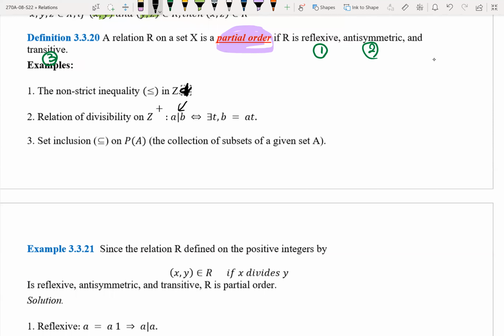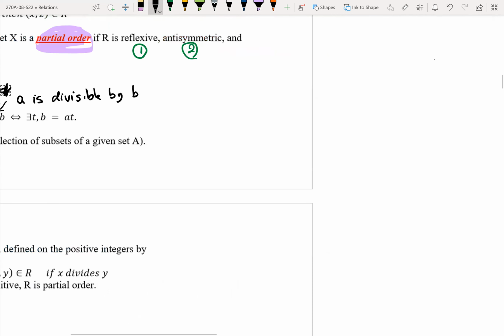We always write it with words: A is divisible by B. So that's a notation in math notes or any LaTeX that we type to say A is divisible by B, which is the same as there exists one T such that B equals A times T. You can always use the words, or you can just write this notation. It's really one simple vertical line. I'm going to see them one by one.